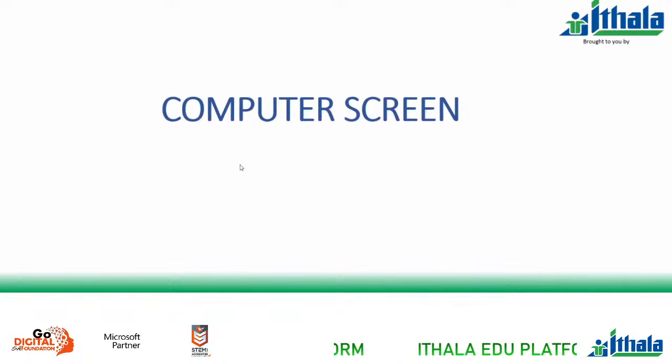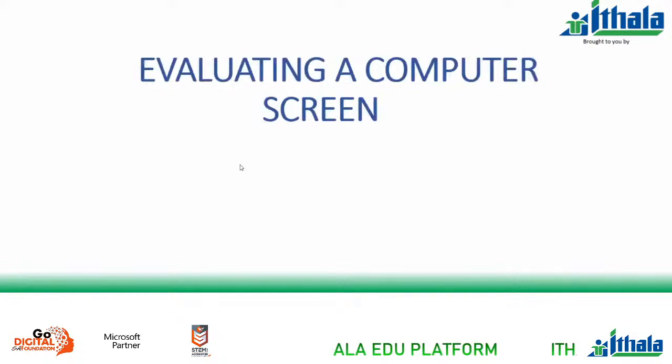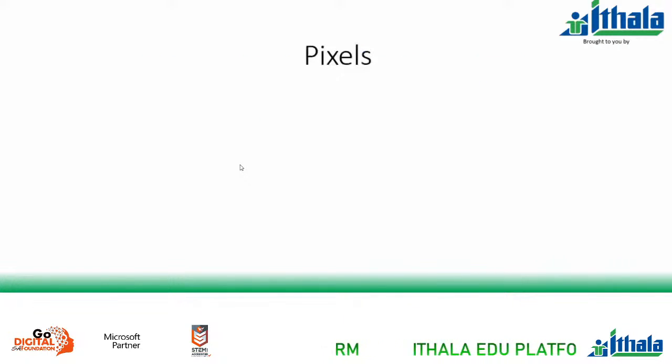Let us also evaluate what to look at when buying a new computer screen. The very first thing that one has to look at when evaluating the computer screen is pixels.